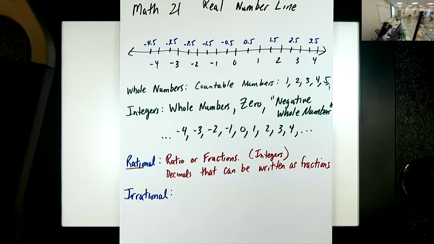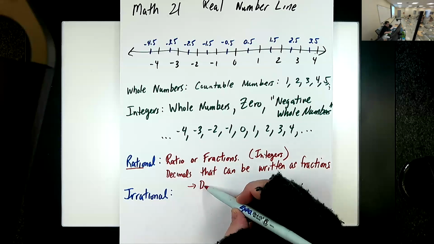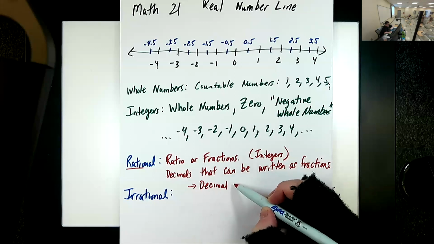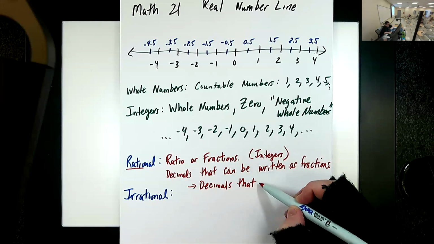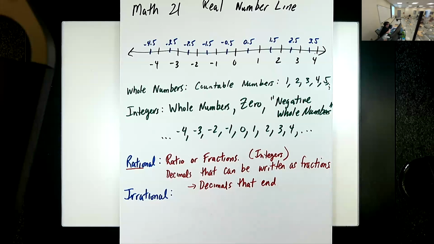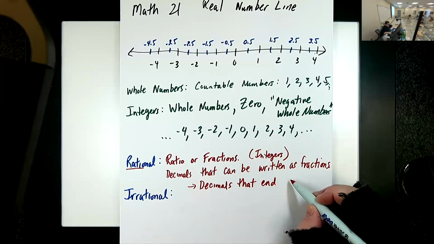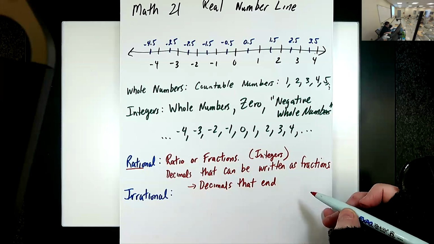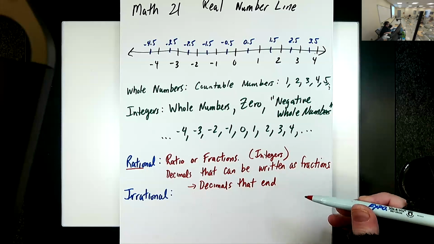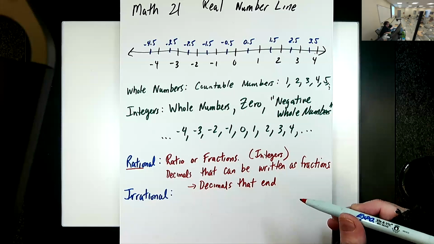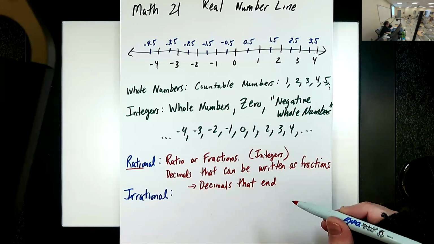This decimal thing, I'm going to break it up into 2 categories. Decimals that end, like they don't go on forever, are always rational. You can always turn a decimal that ends, isn't going forever, into a fraction.